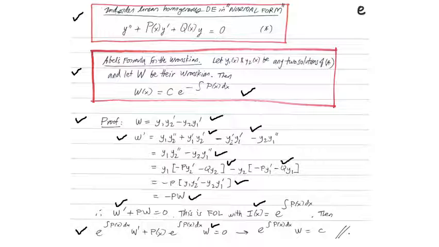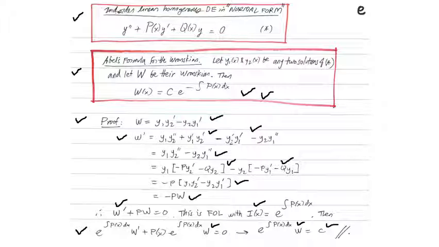So we integrate both sides of that, and we just get that product for the integral of the left-hand side, and the antiderivative of 0 is a constant, and then we can solve that for W, and we get the desired expression for Abel's formula for the Wronskian.